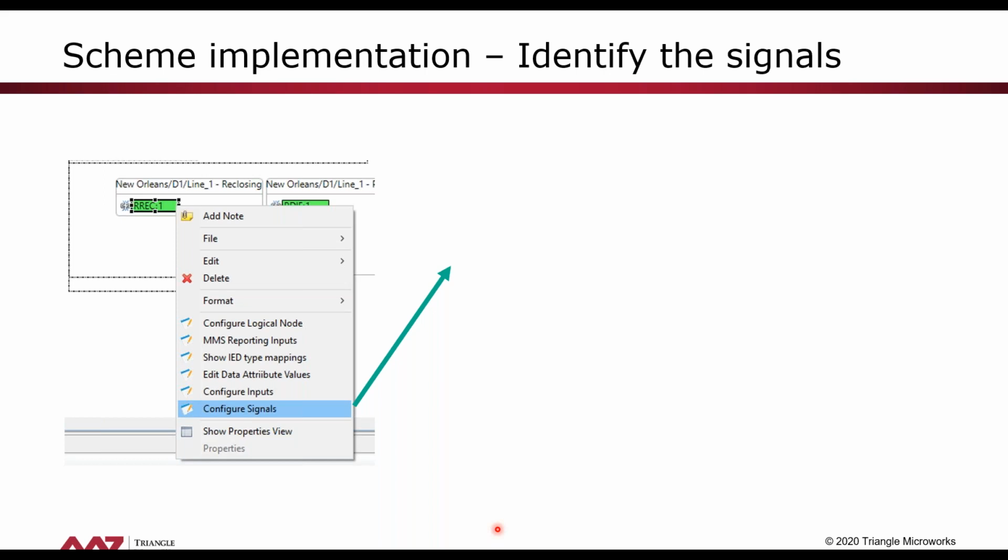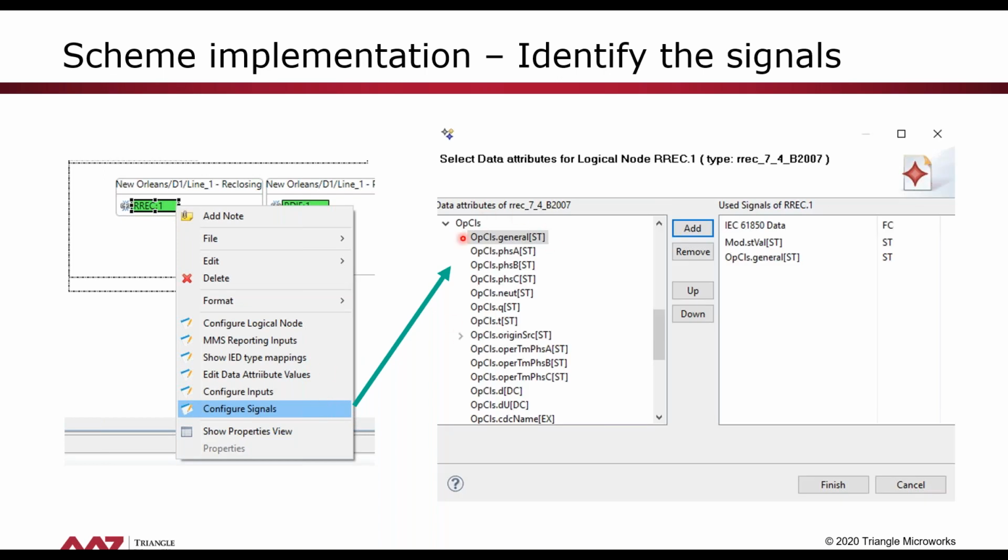So we need to identify what signals we need. We can right click on a logical node, select configure signals, and then we get the list of all the available 61850 objects, and we can add those that we need for our application, so that we don't always need to select from the whole set of signals. We can add what is required for our applications.